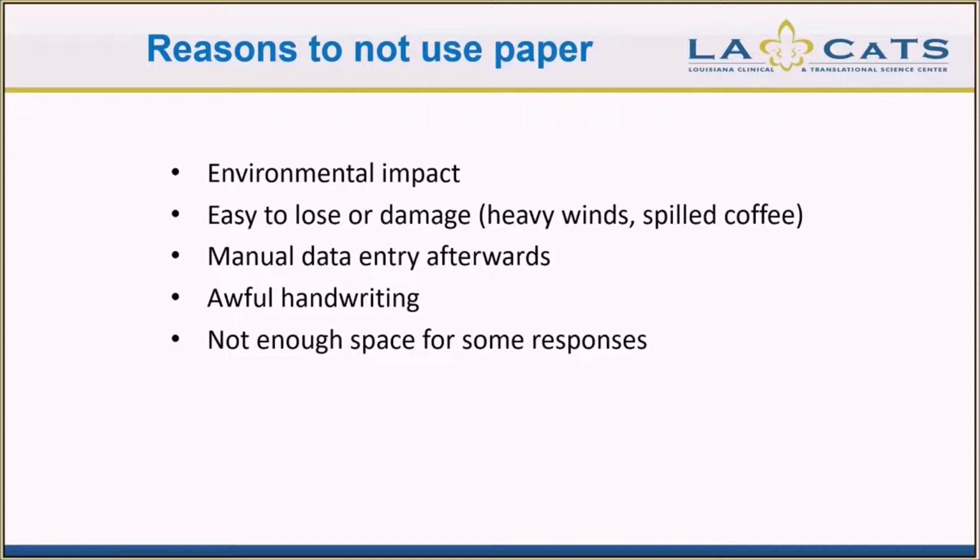It's tedious to do the manual data entry afterwards. There's room for human error. There's the confusion about someone's awful handwriting. What exactly does that say? And of course, if someone does have plenty of comments to make, there's not always enough space for those. And so it can be frustrating for the responder.